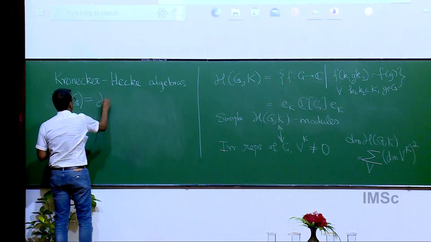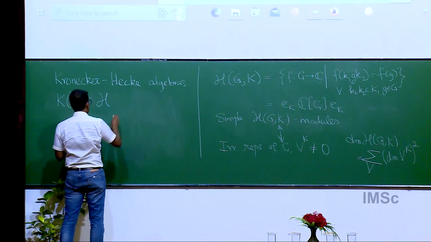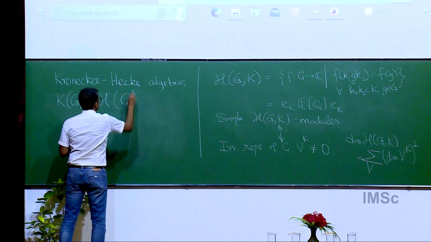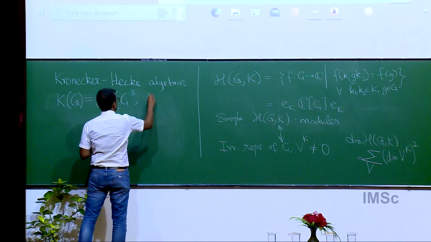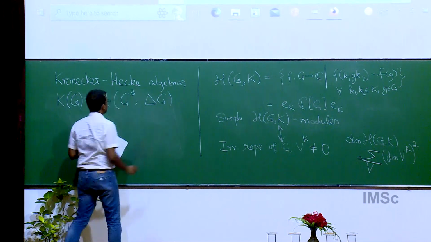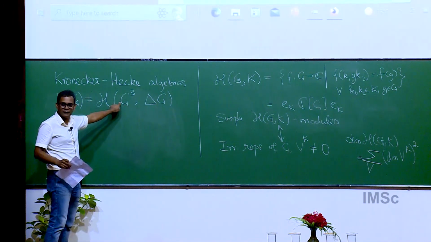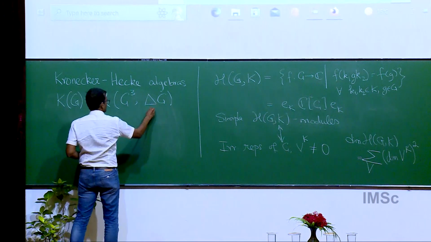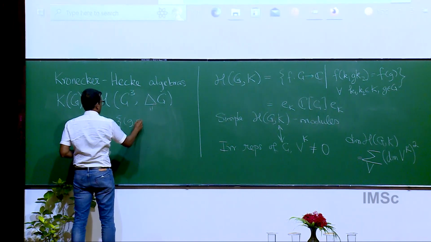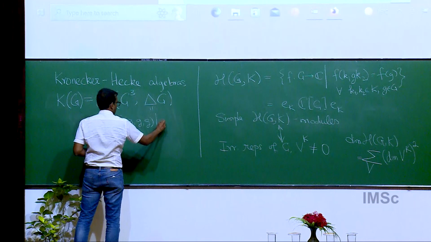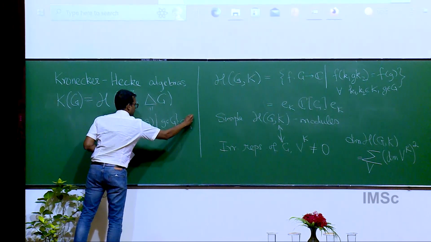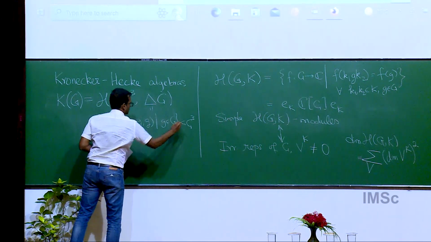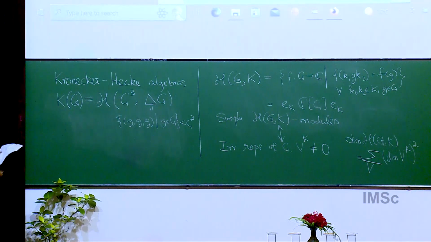And this is just the Hecke algebra where the big group is the Cartesian cube of G, and the subgroup is just the diagonal copy of G sitting inside this. So this is just (g, g, g), where g is in G, sitting inside G cubed. And that's certainly a subgroup, and that's called the Kronecker-Hecke algebra.